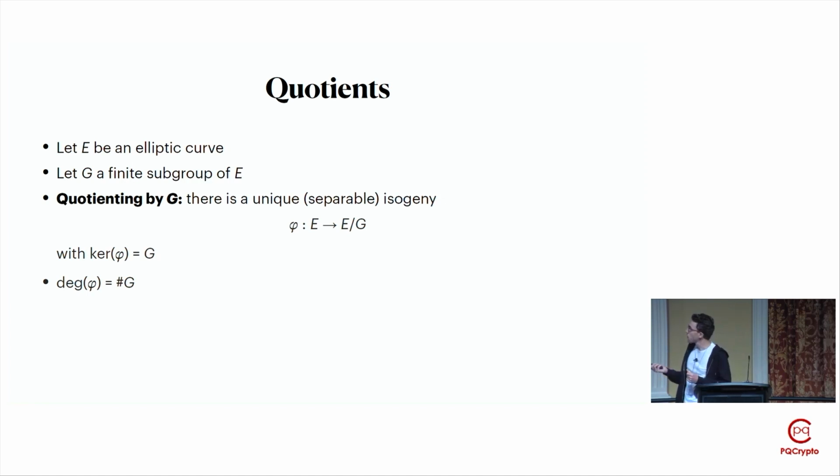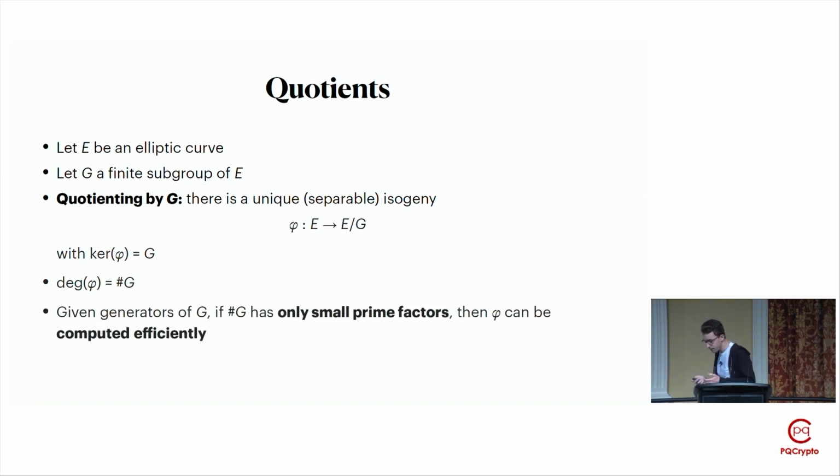And of course, almost by definition, from the simplified definition I gave, the degree of phi is the size of this group. And if you are given this group in the form of a few generators, instead of just a full list of whatever's in the group, then you can compute the corresponding isogeny in time polynomial in the largest prime factor of the order. So if you have a group G of smooth order, all of its factors being small primes, then you can compute it efficiently.